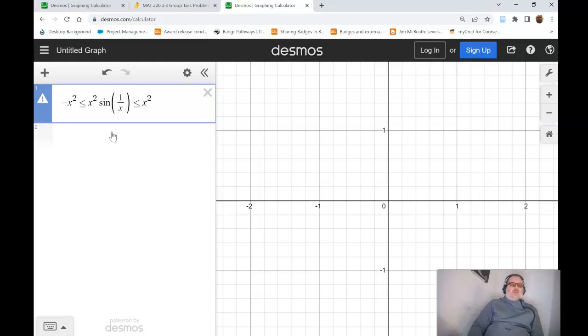If we didn't have that squared there, we would probably need to consider separate cases, and so it wouldn't work so well. So that's why we need a function that's squared when we're working with these inequalities in this particular case. And so now we know x squared sine 1 over x is always going to be between minus x squared and x squared.